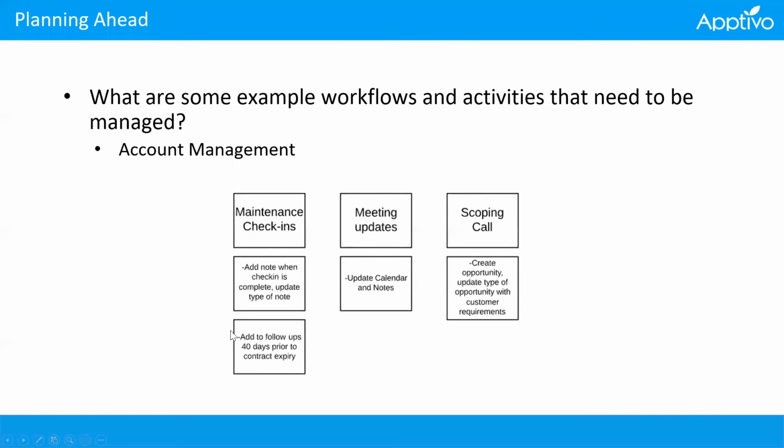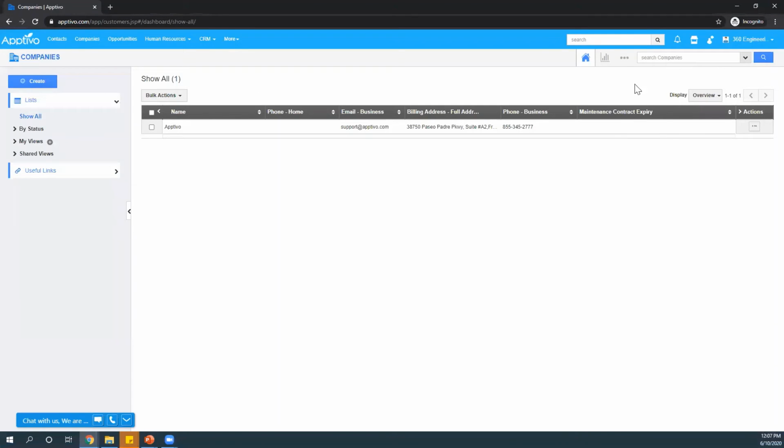Well, one thing that I mentioned is I need to be able to follow up with the client 40 days before their contract expires. And so it would help to see a list of all of the accounts that are about to expire. And so to create that particular view, you go to More and then Settings.